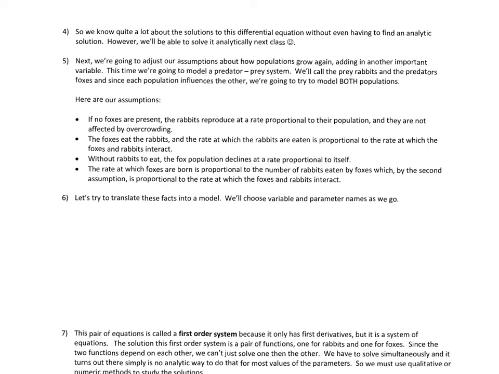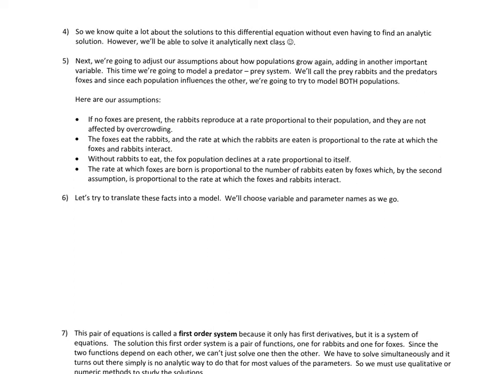And then the foxes eat the rabbits, and the rate at which the rabbits are eaten is proportional to the rate at which the foxes and rabbits interact. So the more often they see each other, the more frequently rabbits are eaten. And then without rabbits to eat, the fox population declines at a rate proportional to itself.